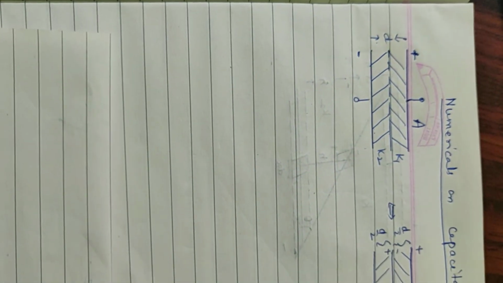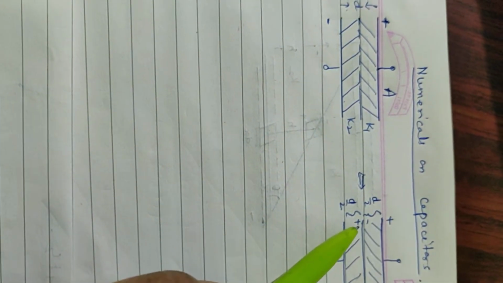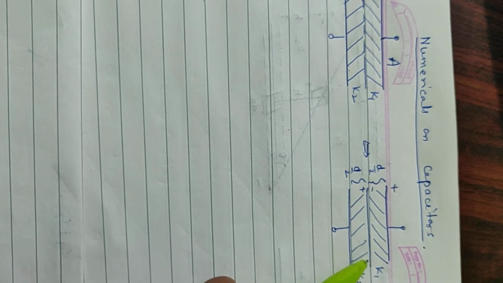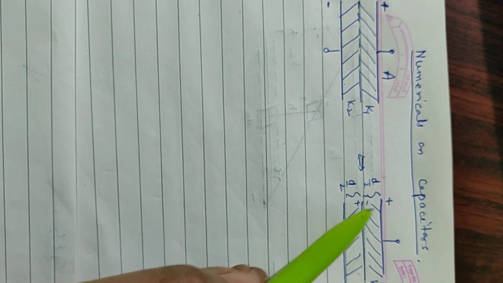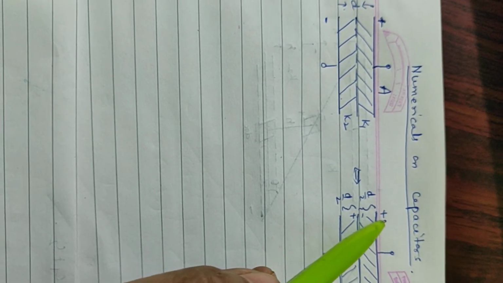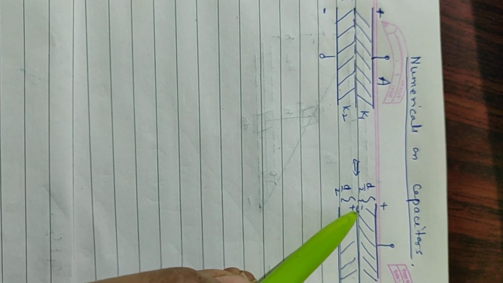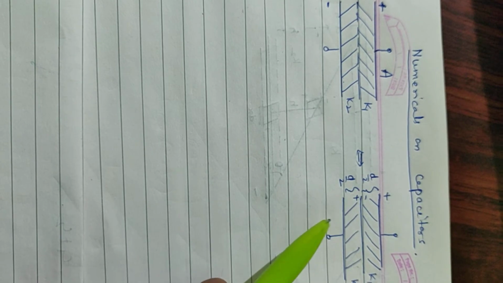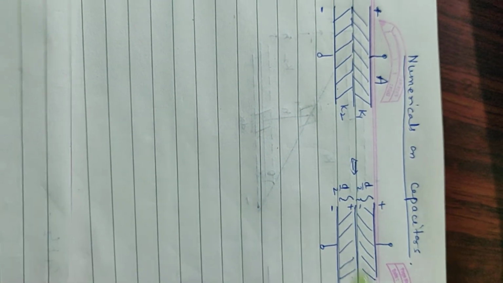So what we do is we imagine as if there is a plate in the middle, and you can see the charges. If this plate is positive charge, then this imaginary plate will carry negative charge on this side and positive charge on this side, and this is the negative plate as given in the question.